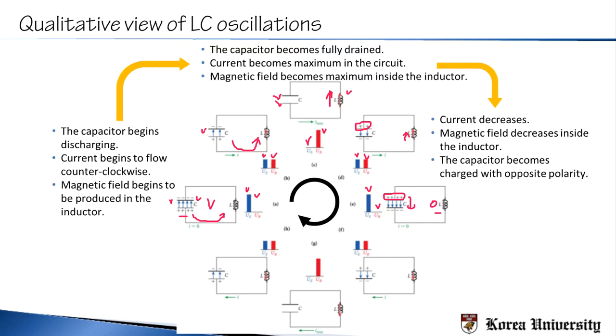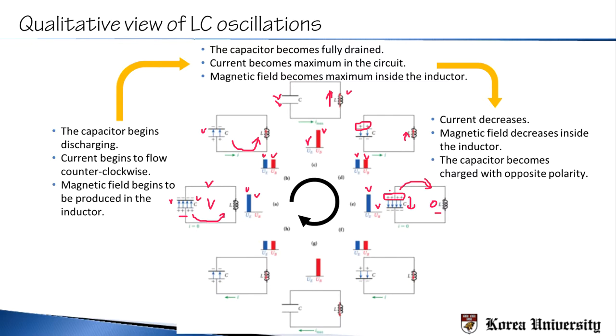Okay, now we have come to this case, and again because of this electric field, now again this charge has to flow out of the capacitor, now this time clockwise, which is opposite with respect to the initial case.